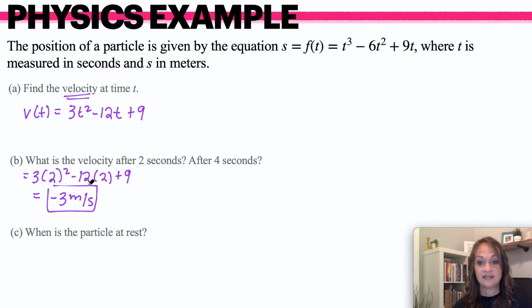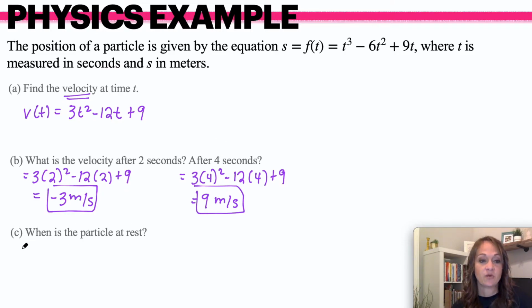So the velocity is decreasing at this point. After 4 seconds, that means you're going to plug 4 into time, and you will get 9 meters per second. That is how fast the particle is moving at a specific instant.